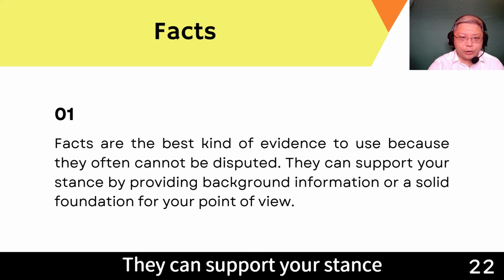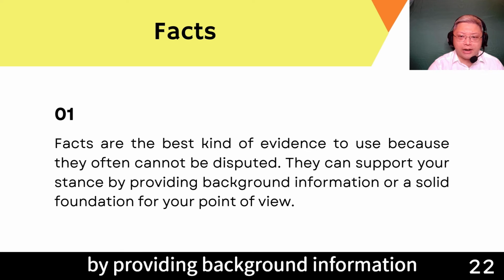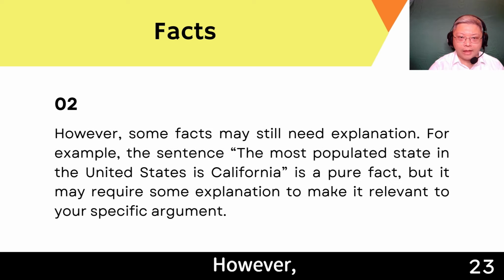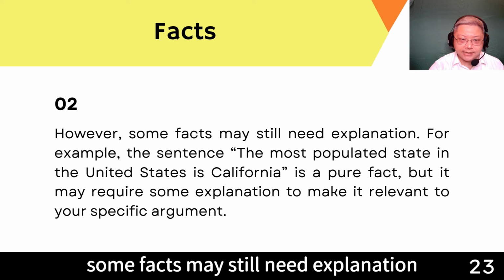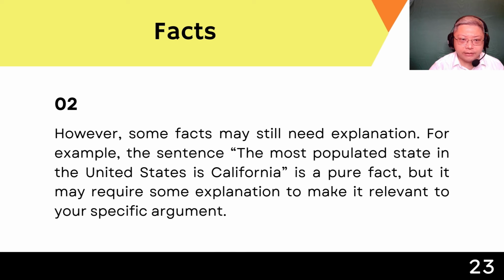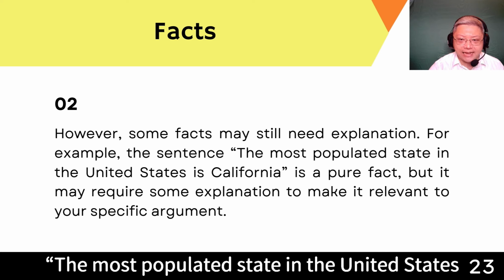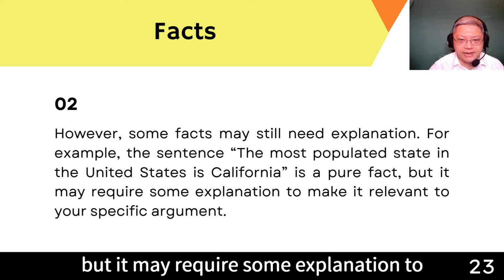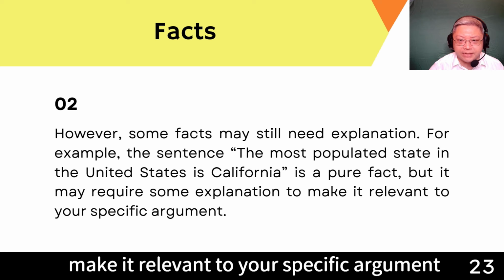They can support your stance by providing background information or a solid foundation for your point of view. However, some facts may still need explanation. For example, the sentence, "The most populated state in the United States is California," is a pure fact, but it may require some explanation to make it relevant to your specific argument.